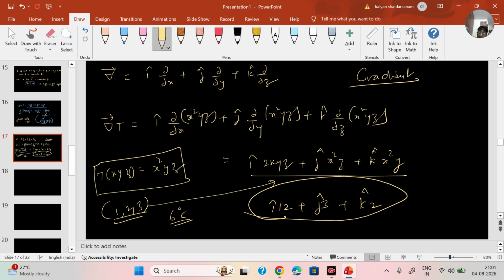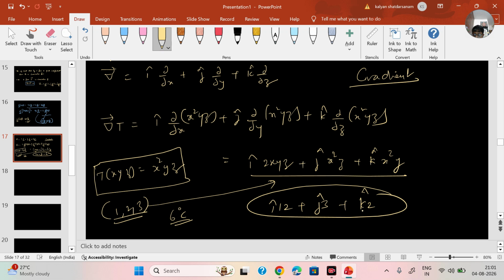But the moment you move, you have a new coordinate. Now from there, how should you move? Again, put that coordinate here and it will tell you in which direction you have to move. Ultimately, you are getting a vector, right? A vector has some direction: 12i plus 3j plus 2k. You must move in that direction when you are at 1, 2, 3 so that the temperature changes by a huge amount. So del T is giving you the direction in which T's change is maximum.